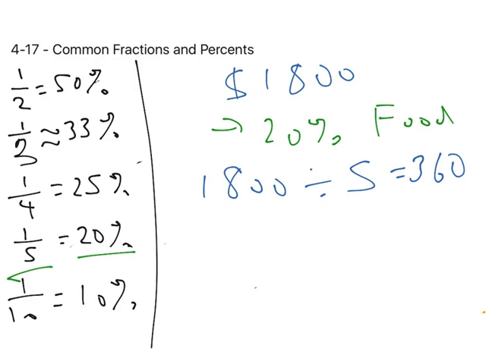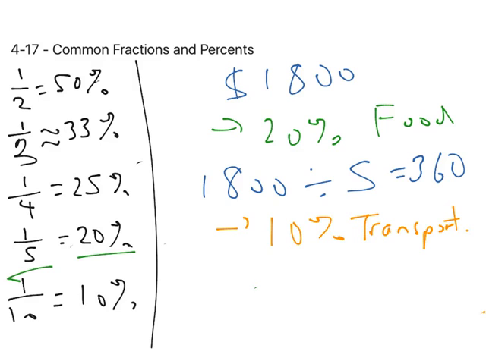That gives us 360. Now, a student might say, well, for this one, I still have to use a calculator. Well, actually, you might not have to. Here's why. Let's say the student spends 10% on transportation.